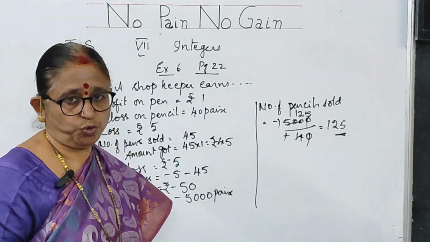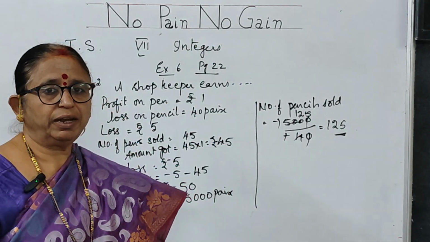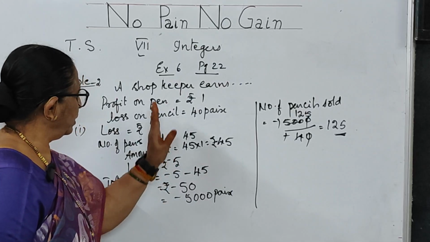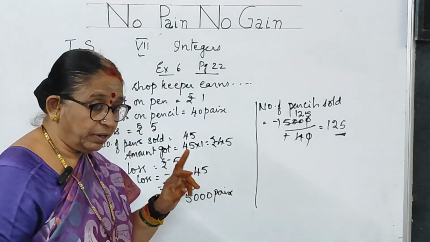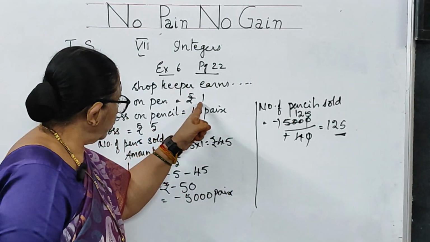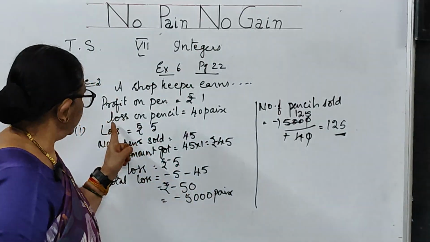Okay, children, once again, let me explain this. The problem says that when a shopkeeper is selling pencils and pens, she got 1 rupee profit on 1 pen, and she got a loss of 40 paisa.